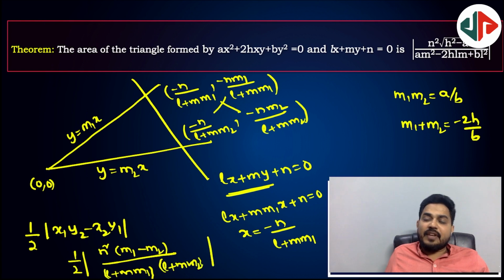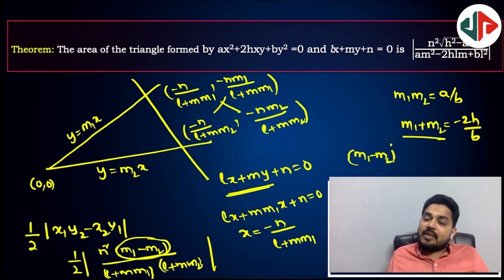If you simplify this, you are going to get area will be equal to n square into root over h square minus ab by. Actually, I have m1 plus m2 here, and m1 minus m2 is there. So from here, m1 minus m2 whole square is equal to m1 plus m2 whole square minus 4 m1 m2.